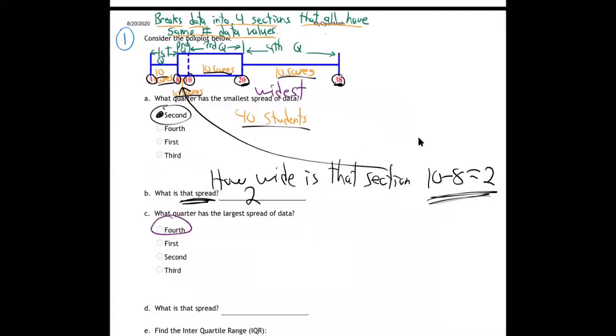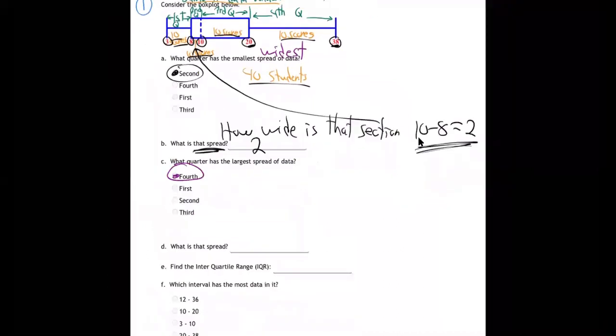So the fourth quarter is the widest. And then the question, what is that spread? 18. Yeah, so that spread is going to be 38 minus 20, which is 18. Good. All right, good so far.